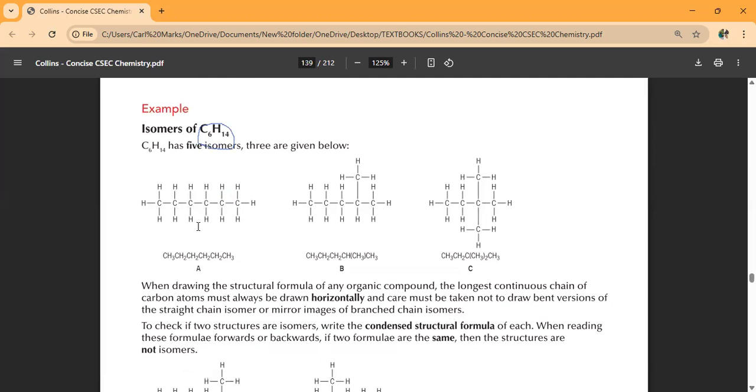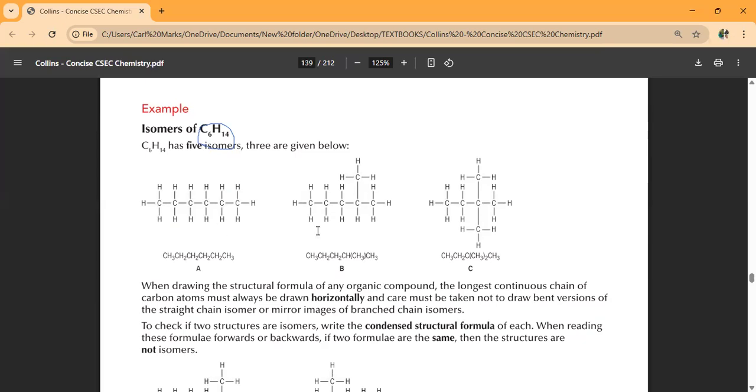What type of bond is in this compound here? Single bonds. And so the homologous series is alkane. So it's hexane we have here, because the ending for the homologous series of alkanes is ANE. So this is hexane.